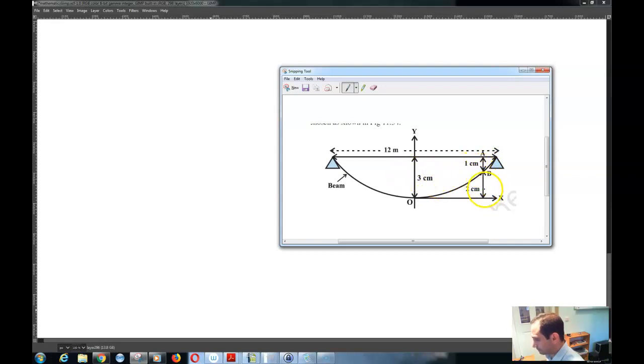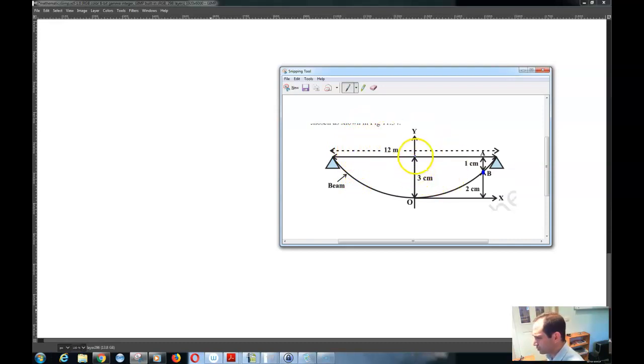So this has to be a point on the parabola whose height is 2 centimeters, and in order to find that I need the equation of the parabola.